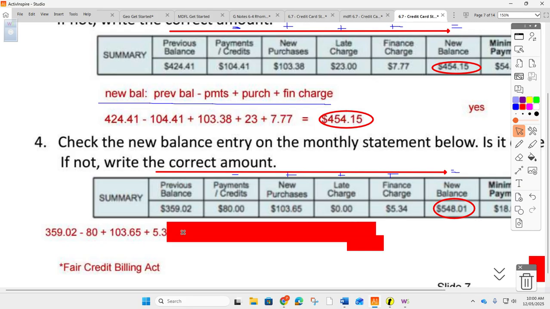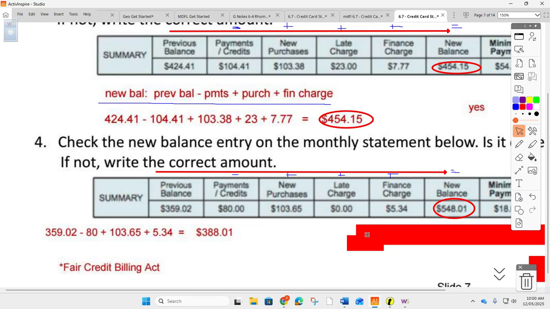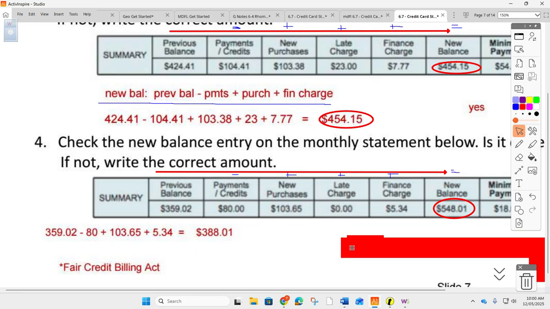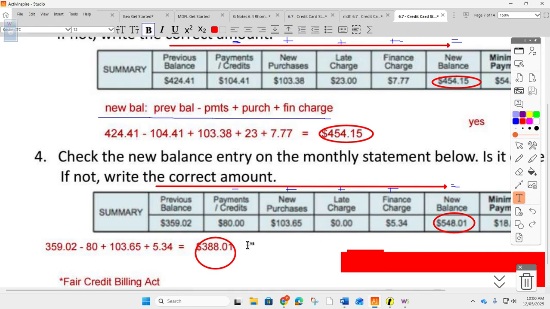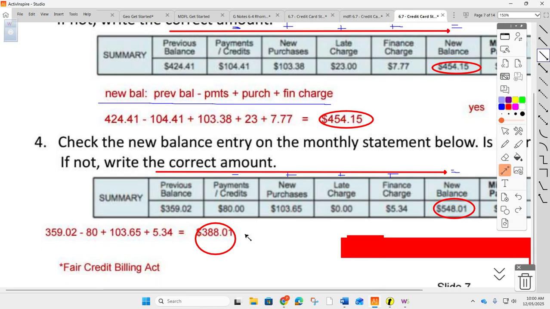There's no sense in writing 0 there, right? And then the finance charge, what do you think? Is it going to be 548.01? Layla says no. Layla is right. It's 388.01. They are not equal. So since they're not equal, the answer is no, the statement isn't correct.